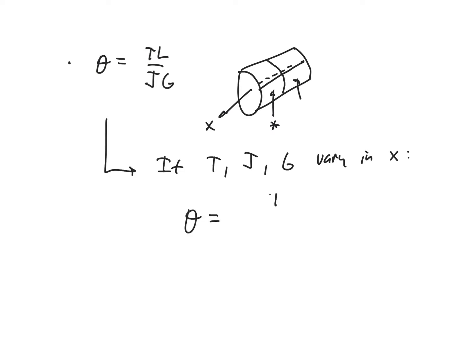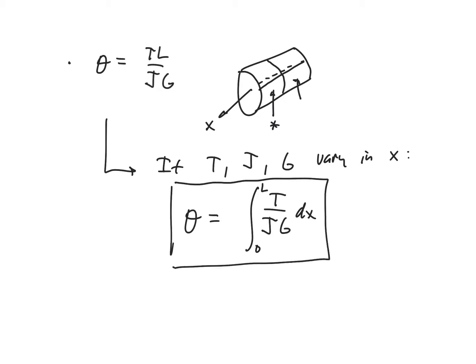We take the torque divided by JG and integrate that over the length of the bar. That would be the analog of our integral of P over AE dx. Again, the rotations come from integrating the shear strain, basically. And that's what we've got in a case like this.